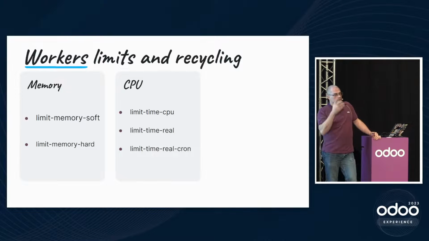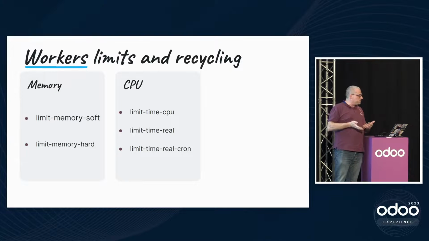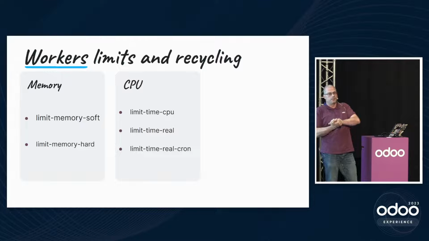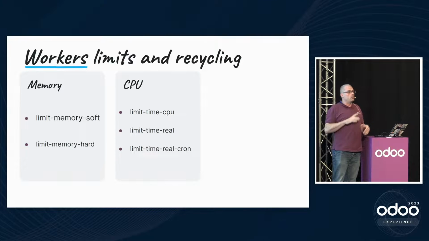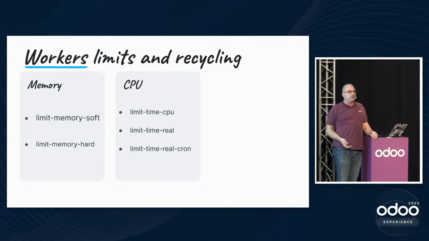You have limits for memory, and you also have limits for CPU. The limit for CPU is called limit time CPU, which is CPU time, and you have limit time real, which is wall clock timing. So if you are doing calls to an API with latency and so on, the limit time real will be higher than the limit time CPU. If you are doing complex queries, they will be counted in the limit time real and not the limit time CPU.